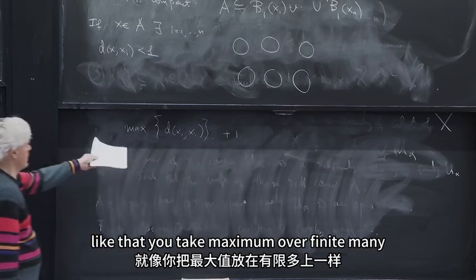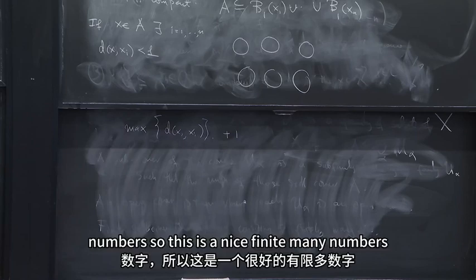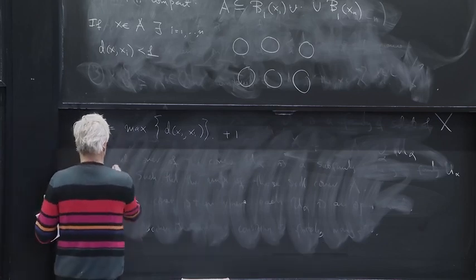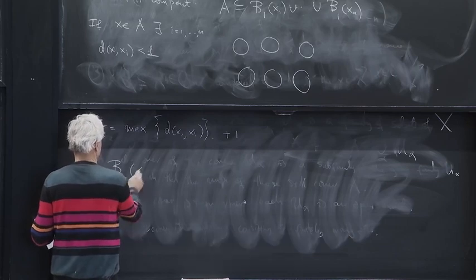You take a maximum over finitely many numbers, so this is a nice finite number, and you call this R. Now you look at the ball of radius R around x1.